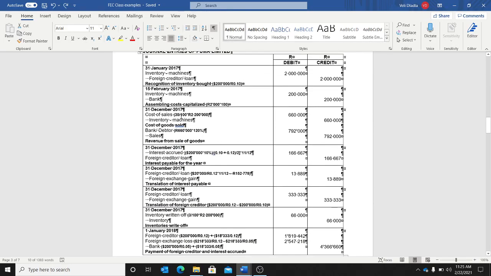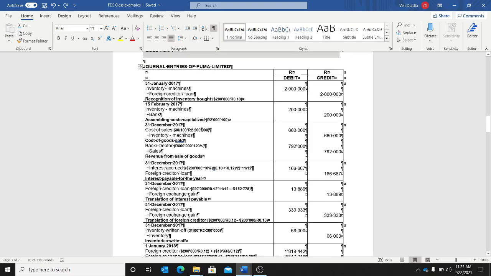So the cost of sales here, 30 divided by 100 times 2.2 million. 2.2 million, because if you look at the inventory, the first journal entry is 2 million. The inventory, the second, that has to do with assembly cost, is 200,000. So it gives you 2.2 million here in the cost of sales line.